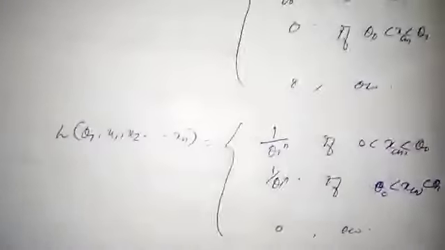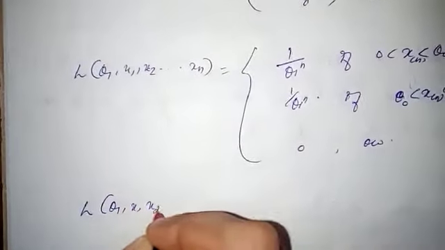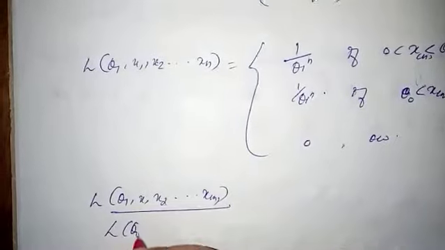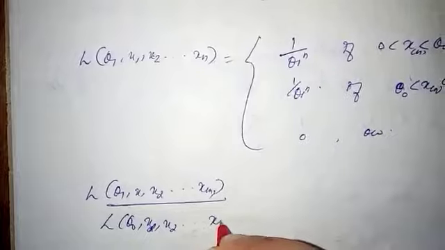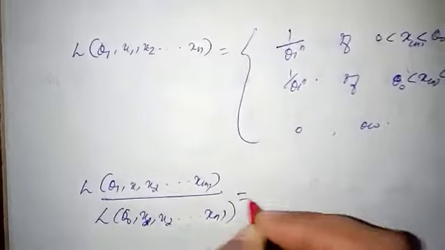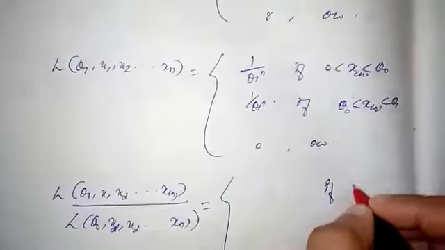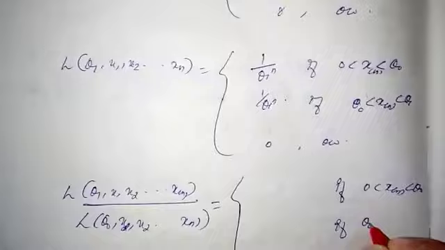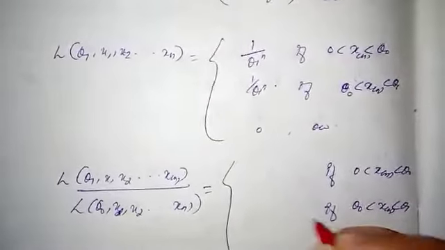Then we have to take the ratio, that is the likelihood under H1 divided by the likelihood under H0, which is equal to, first we write the ranges: 0 less than xn less than theta naught, theta naught less than xn less than theta 1, otherwise.